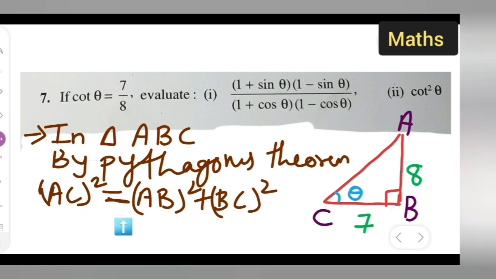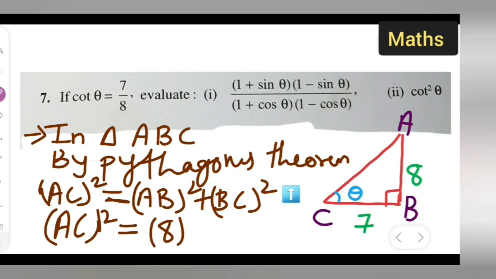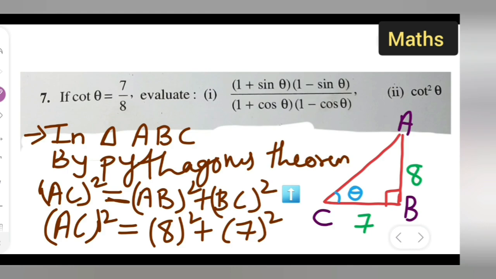So AC we need to find out. AB is given as 8 and BC is given to be 7. So let us write down AC square as it is. Your AB is 8 square and this BC is 7 square. So AC square is equal to, 8 square is 64, 7 square is 49.